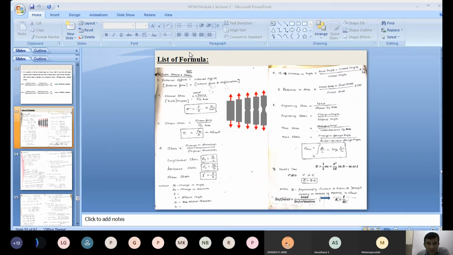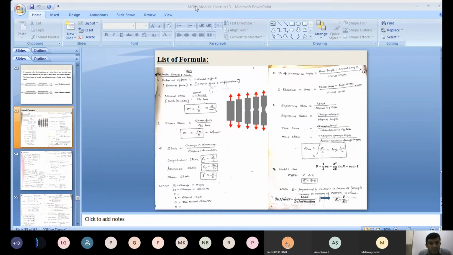I think it is visible, written in pencil. Here stress is on the left, and here it is strain. Okay, this is the first formula you should remember. Second formula: stress is nothing but the intensity of internal resistance force over a cross-sectional area. Now there are three types of stresses: tensile, compressive, and shear.